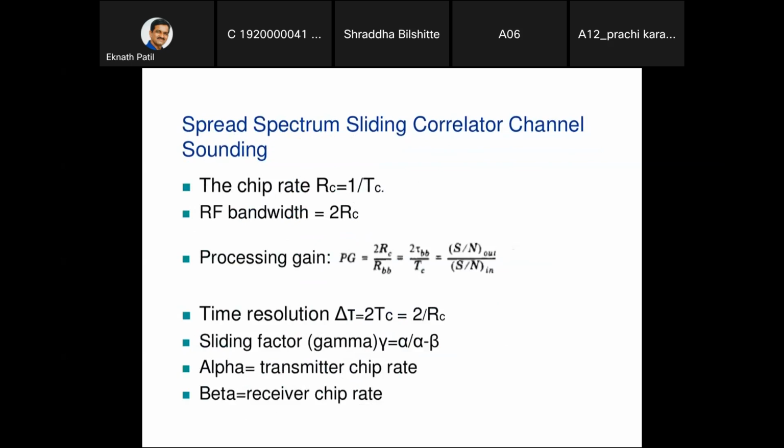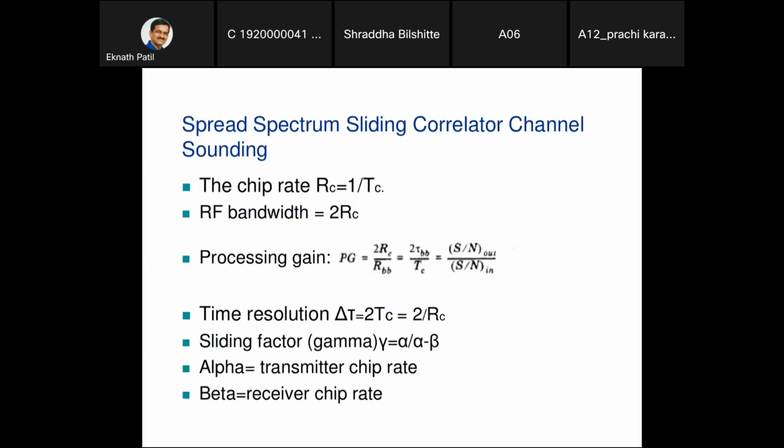Processing gain PG is equal to Rc divided by R_BB. That is nothing but 2 tau BB divided by Tc. Signal to noise ratio at the output divided by signal to noise ratio at the input is nothing but the processing gain. This particular is the processing gain. Time resolution is delta T is equal to 2 Tc, which is 2 divided by Rc.